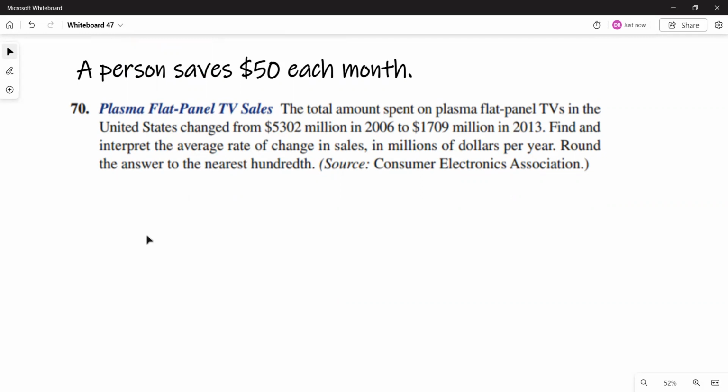Find and interpret the rate of change in sales in millions of dollars per year and write the answer to the nearest 100th.